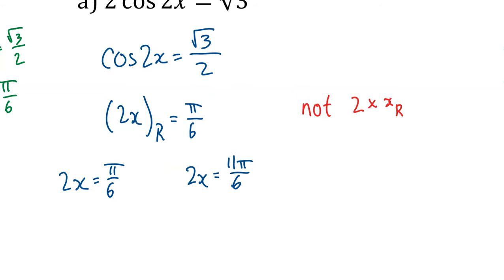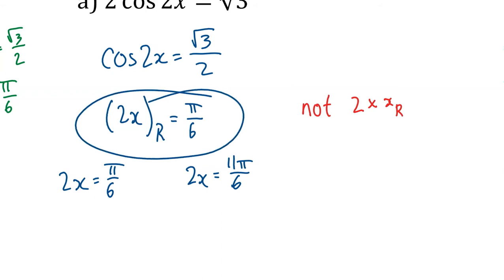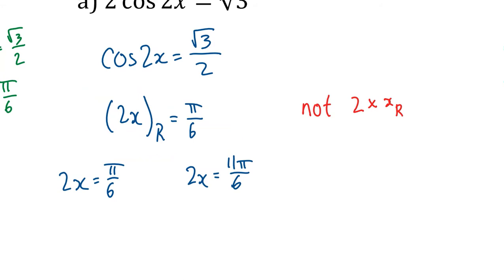And then we divide by 2. So this is important. This is a common mistake. People divide at that step and then go to the quadrants. That's wrong. You go to the quadrants first, then divide by 2. Does that make sense?